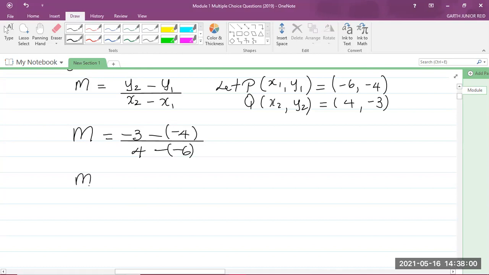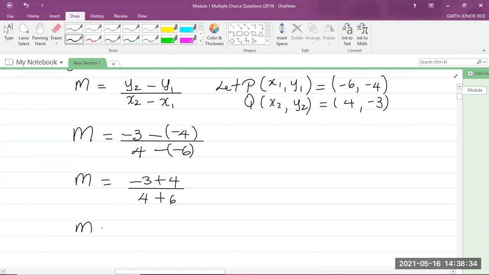So the value of m is now equal to, since we're multiplying two negatives here, our sign will change to a plus. So we have -3 plus 4, divided by 4 minus a -6. Since we have two negatives in the denominator, our sign will change to plus as well, so plus 6.